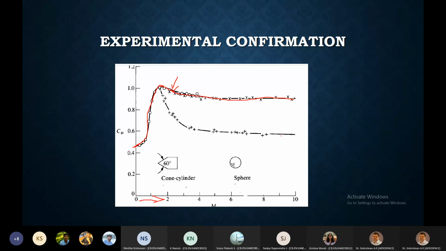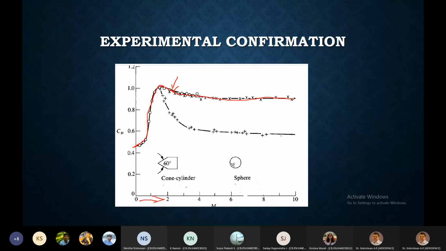See, these are experimental values, which means that after about 4.5, the CD value, that is the non-dimensional drag coefficient, almost tends to be constant with Mach number. Okay, that is independent of Mach number.